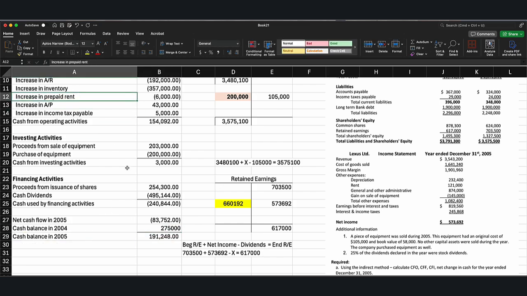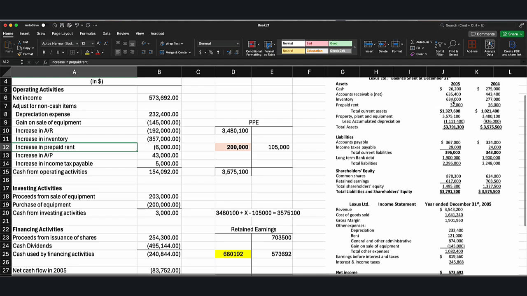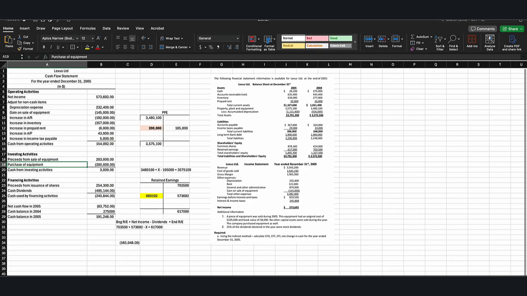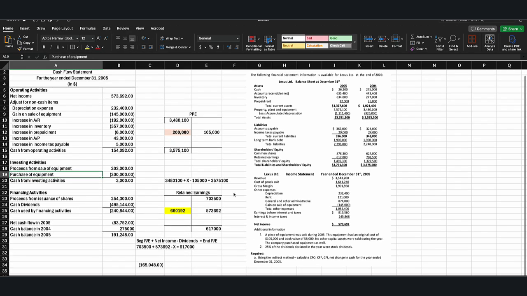Let's see what we had. We had 26,200, which means somewhere there's a difference. It's actually the shares. Because they said that there was a stock dividend, that means that this $254,300 change in shares was not actually all cash.